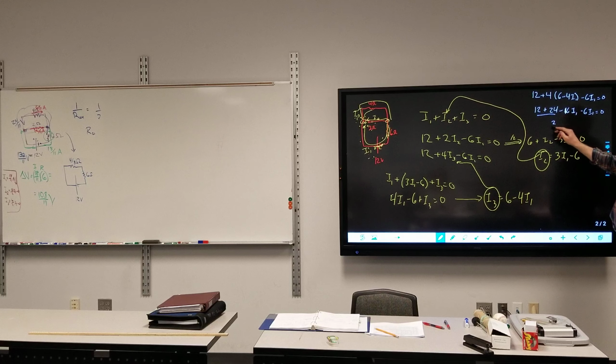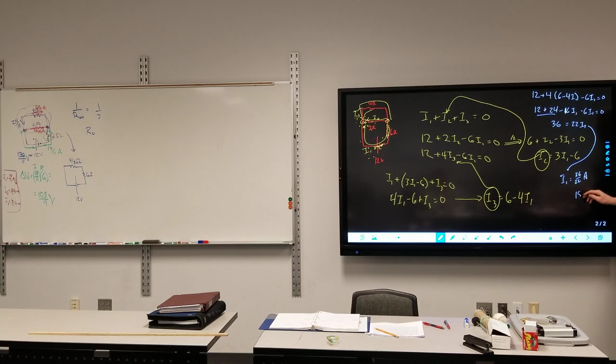That's 36 equals, bringing this over, 22 I1. I1 is equal to 36/22 amperes, which then reduces to 18/11. Okay, that's what we got over there.